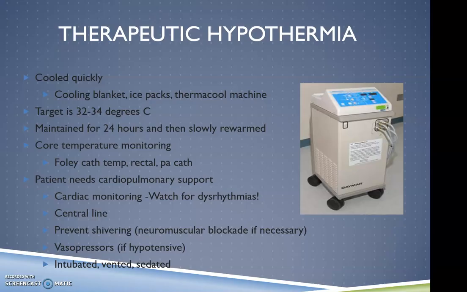They're going to need full cardiopulmonary support. This patient is going to be continually monitored, mechanical ventilator, central line, vasopressors if needed, and sedation, and possibly being paralyzed with neuromuscular blockers if they have shivering.